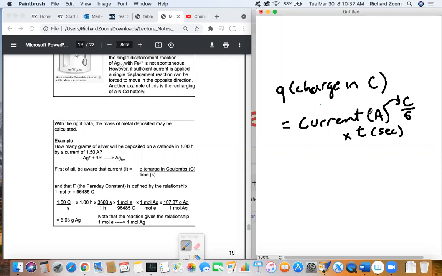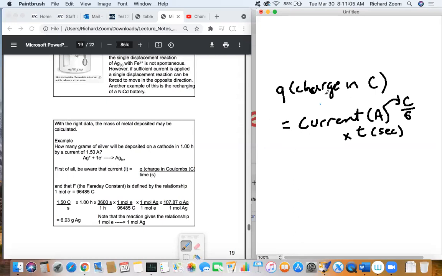And this is relevant because we actually have something that is a constant, that's the Faraday constant, which tells us that 1 mole of electrons carries 96485 coulombs of charge. So that's the end game here, or what allows us to get to moles of electrons, which then can get us to moles of solid, which can also get us to grams of solid eventually.